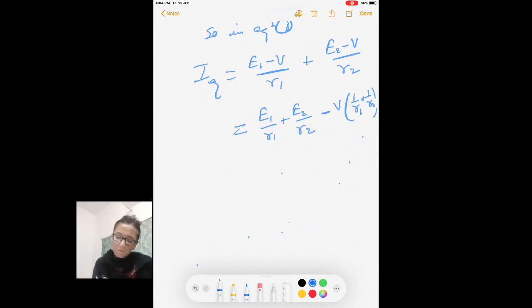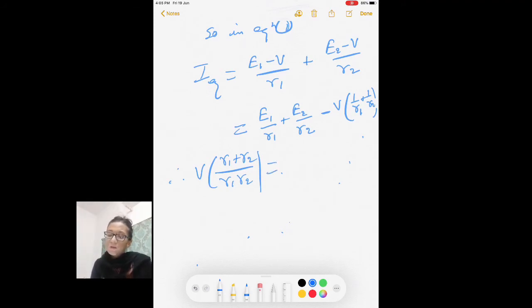So let me simplify this. Therefore, V into R1, R2, R1 plus R2. I have just simplified this and I brought this part along this side of the equation, and I am taking I equivalent on the other side.